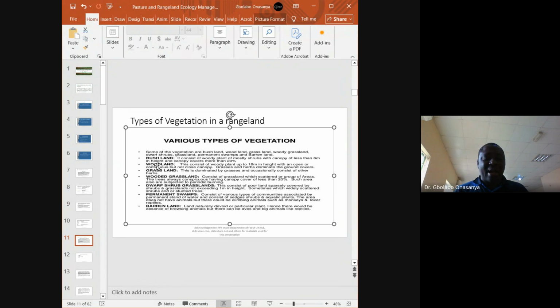We have bushland, and the bushland contains woody plants, mostly shrubs, with canopy less than 6 meters in height, and canopy covers more than 20%.